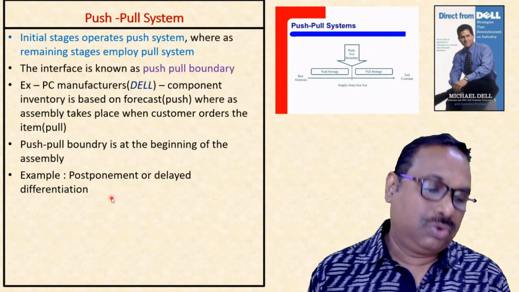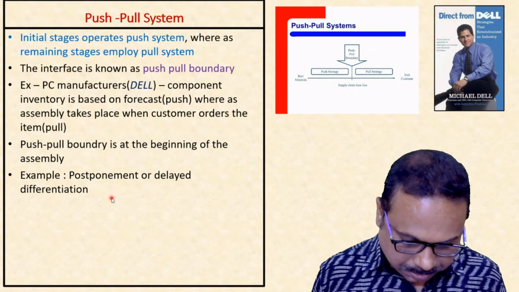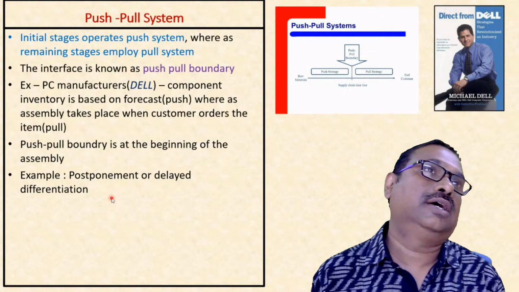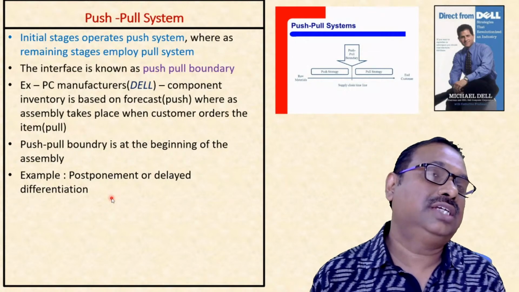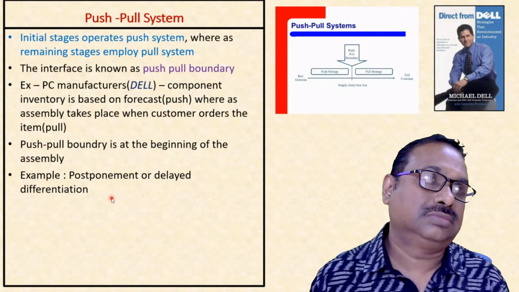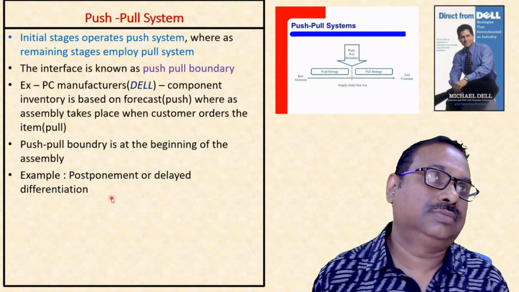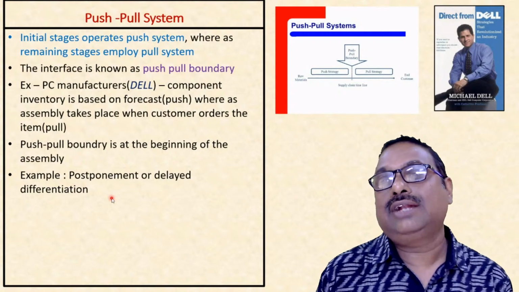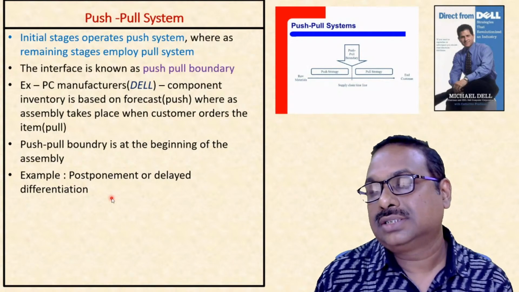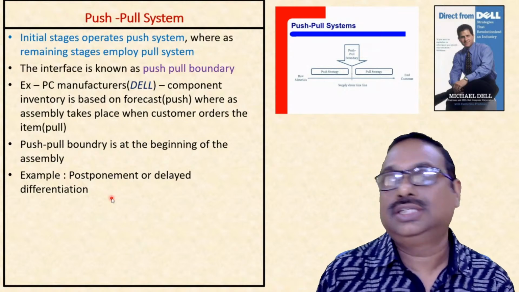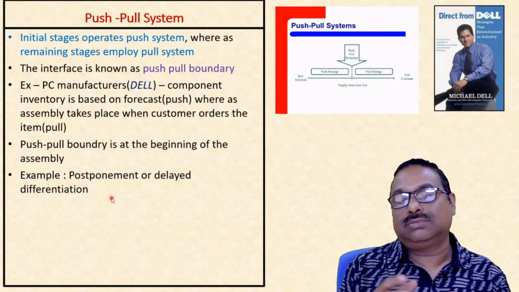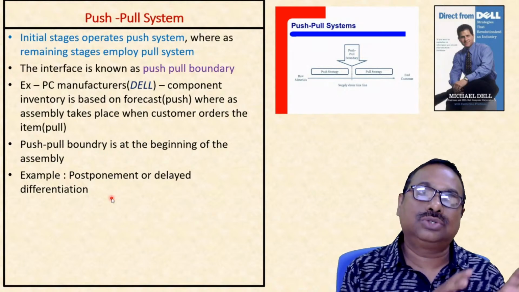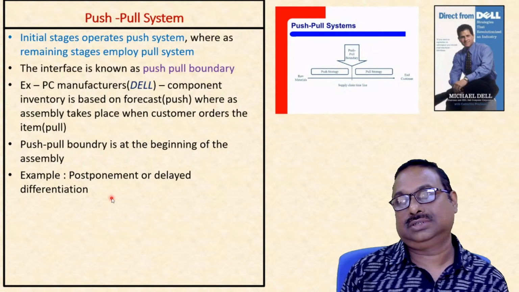If you go in the morning, you will observe they have idli, vada, and dosa. How do they make idli and vada? They know what the sales will be, so previously they make idli and vada. So it is a push strategy.